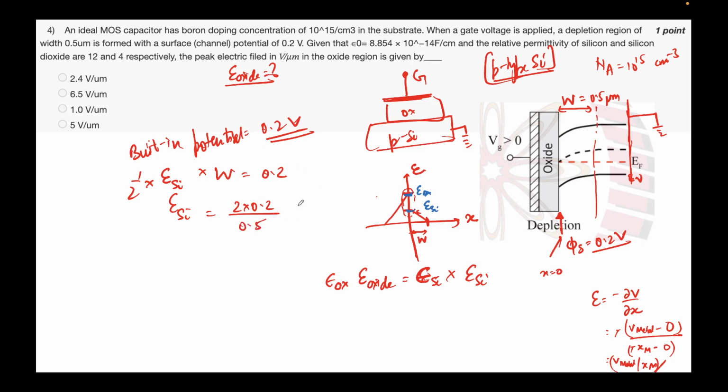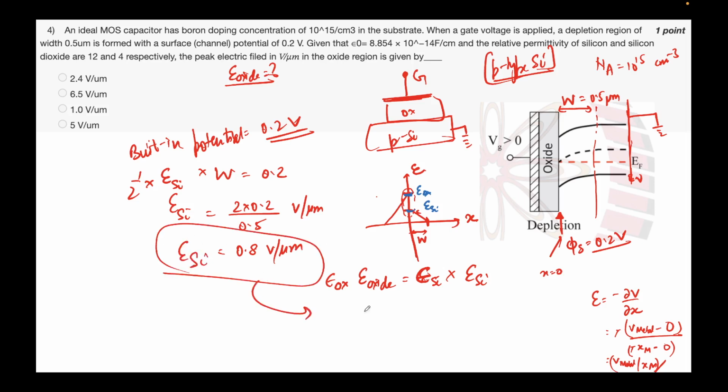The units will be volts per micrometer, because this is volt here and W I am putting in microns. So this will be 0.8 volts per micrometer. So this is the electric field in silicon.